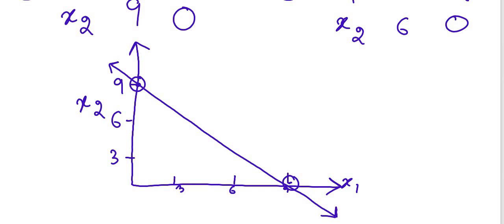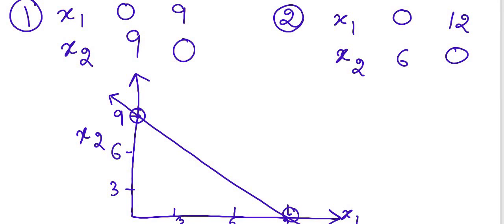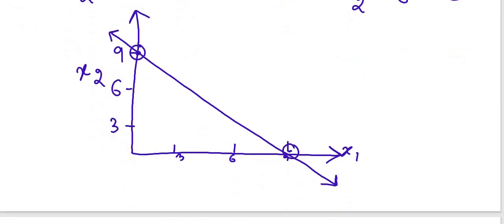And in the other one we have x1 = 12 and x2 = 6. So we have this point and this point. Now we'll connect these points like this.